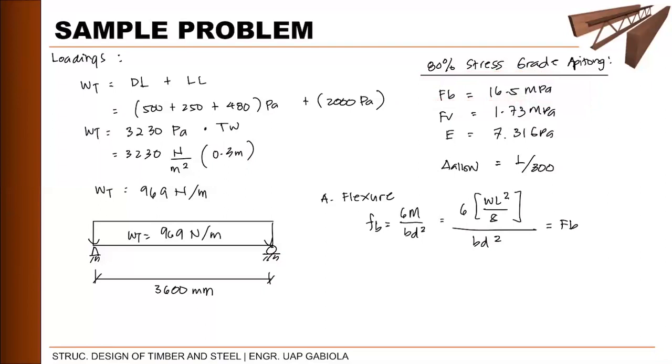Okay? So, we need to focus on that. So, since we have that value, we can look for the value of BD squared. And for floor joist, okay, ang karaniwang practice for floor joist is ang kanyang width is always 50 mm. Okay?